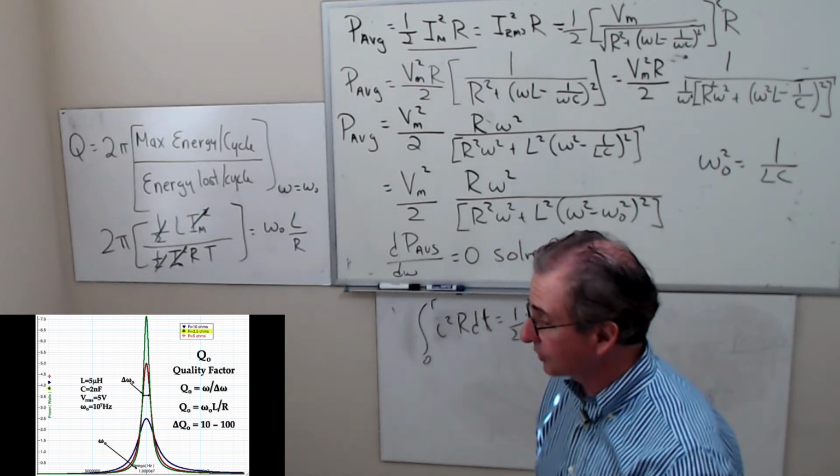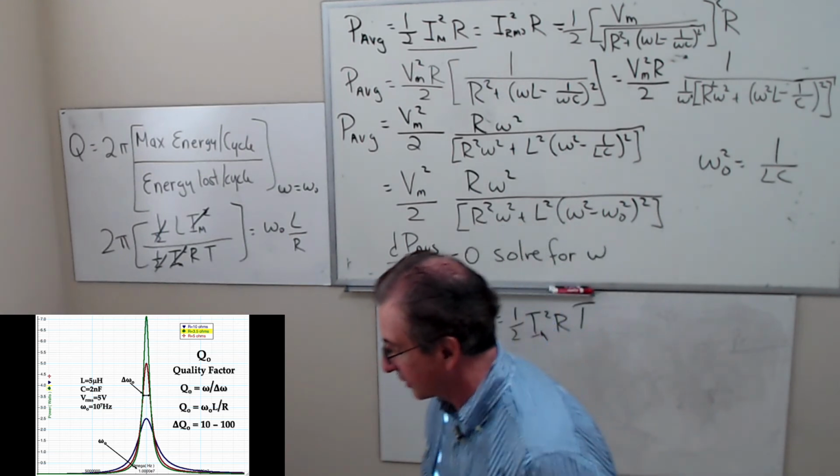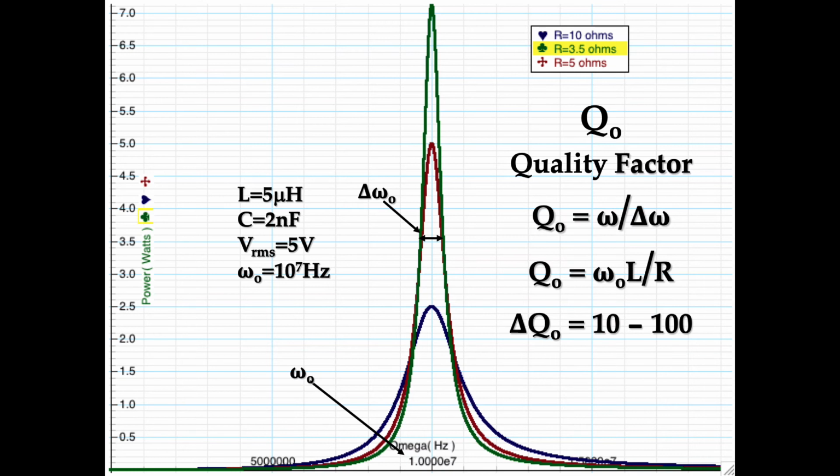But one can show it's equal to omega over delta omega. So let me go back to the drawing. What the heck is delta omega? Delta omega is the width of the graph when you're at half the maximum.